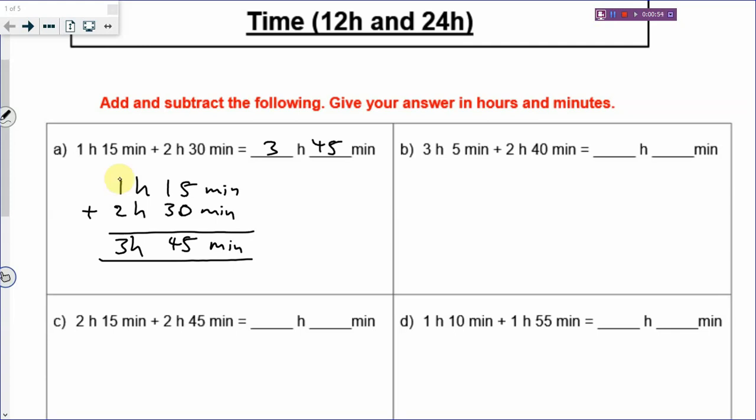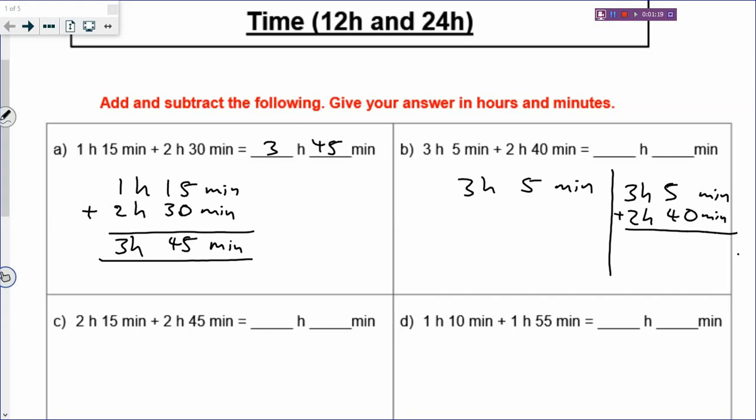Okay, now another example. You have 3 hours 5 minutes, and that is how you write it down. Now be very careful with how you write 3 hours 5 minutes, because those of you who don't write it correctly will write something like this. 3 hours 5 minutes, and then when you add the 2 hours 40 minutes, you will make a mistake.